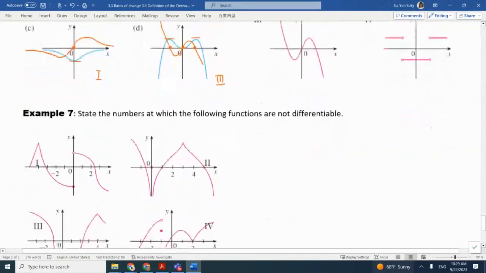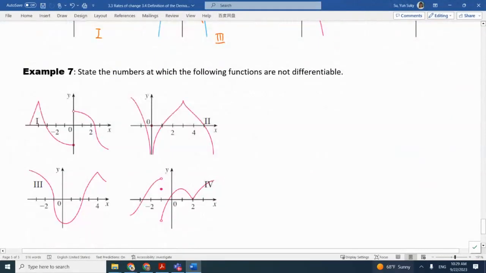Okay, continue. Example 7. State the number at which the following function is not differentiable. And you also need to tell me which type. Okay, look at the first picture. Let's look from the left to the right. So imagine we go.